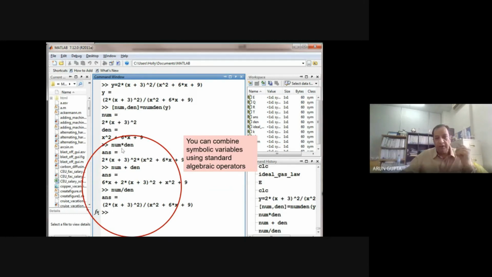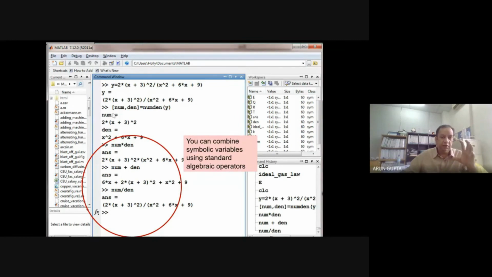In the next step you can multiply num into den. Two equations, you can add both, you can divide both. So basically in symbolic we are dealing with the equation, not the number, and equations as such we can multiply, divide, and add. When we deal with a complete equation and we didn't tell Matlab how much x is, then we need to use symbolic.